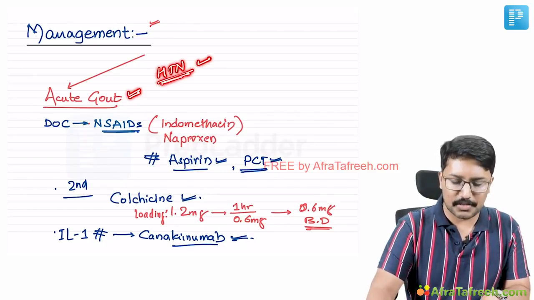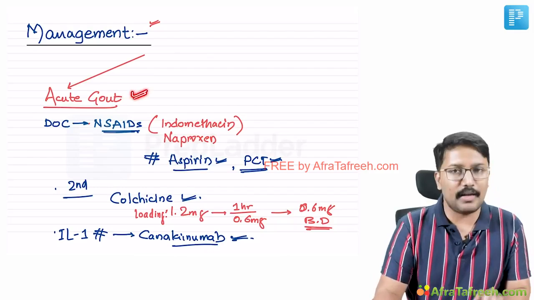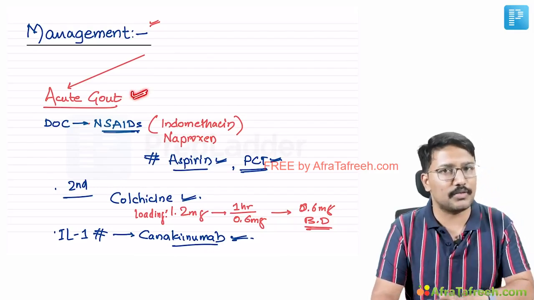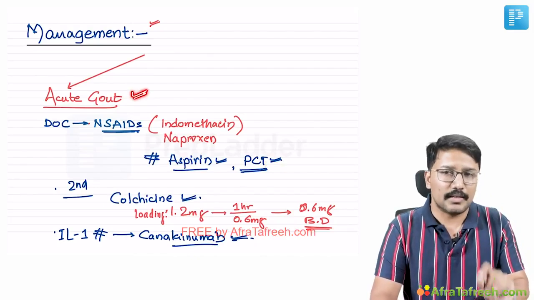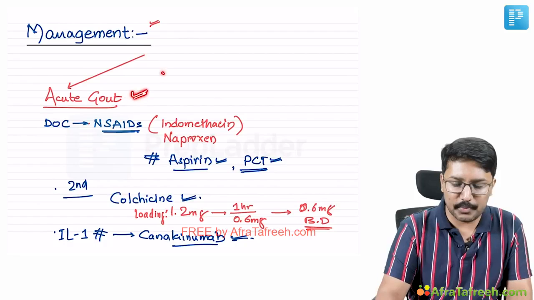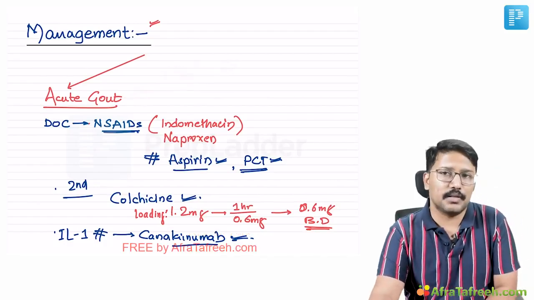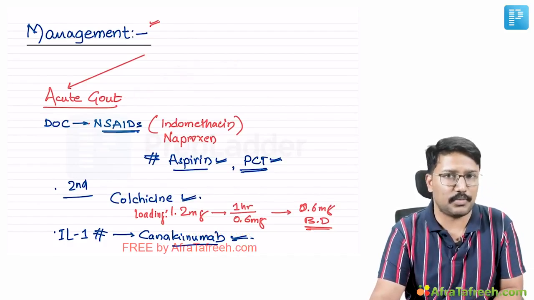Or if they have other manifestations of hyperuricemia, you can treat them, right? In other words, if patients only have gout as a presenting feature and there is no evidence of other manifestation of hyperuricemia, then a single episode does not call for uric acid lowering therapy. So usually when patients present with more than 2 to 3 episodes, then we think of starting them on the uric acid lowering therapy. Clear?